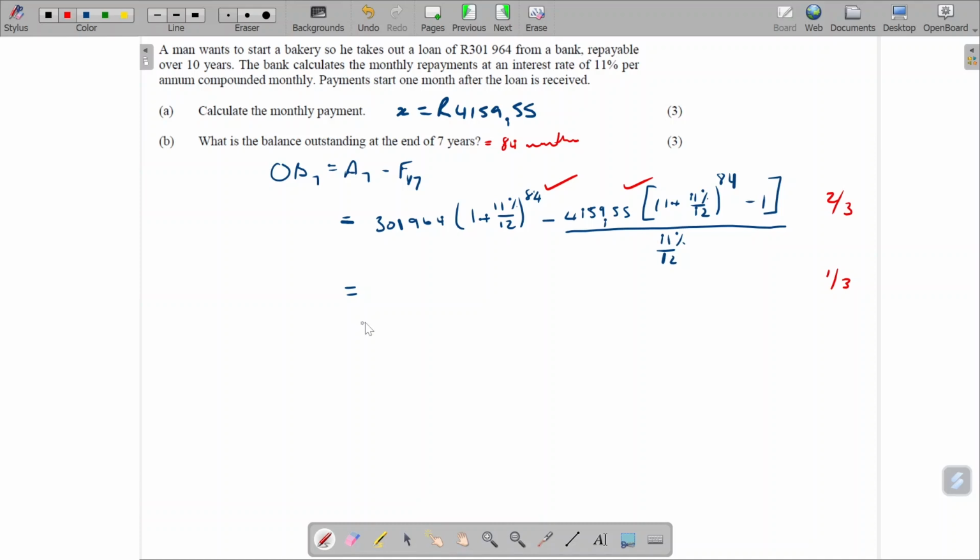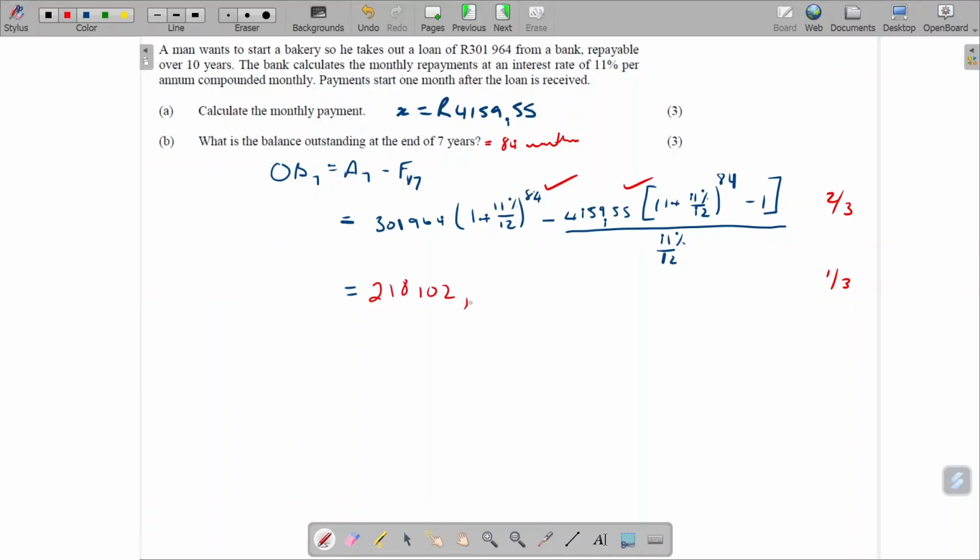So we can take out the calculator and see if you agree with me. 301,964 times brackets 1 plus 11 shift percent divided by 12, minus 4,159.55 times brackets 1 plus 11 shift percent divided by 12 to the power of 84 minus 1, close brackets, divided by 11 shift percent divided by 12, equals. I'm getting an answer of 281,102.